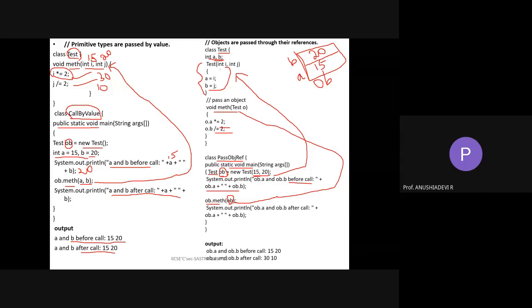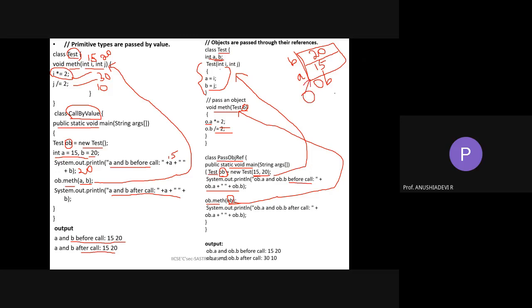Now here what is this O? If I change anything in this object O.A, that is also reflected in OB. Why? Because if I am passing OB value, that is going to be assigned to O.